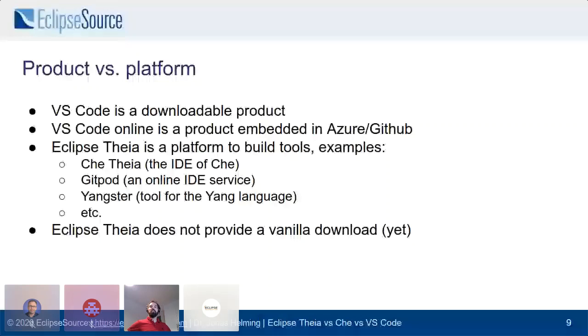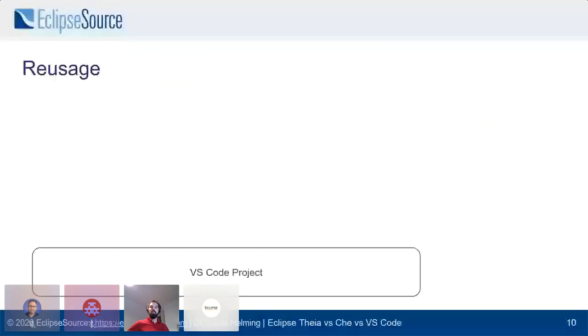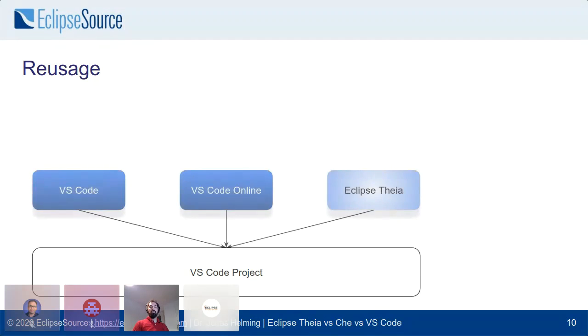Now let's talk a little bit about the connection of those projects, because I mentioned that they reuse each other a bit. Now the basis of everything is the VS Code project. It provides a lot of technologies and components that are used by other projects. And the most obvious users of the VS Code project are VS Code and VS Code Online.